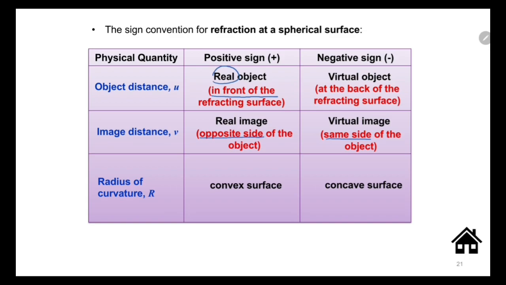Radius of curvature is positive for a convex surface, which means that the surface is curving outward.